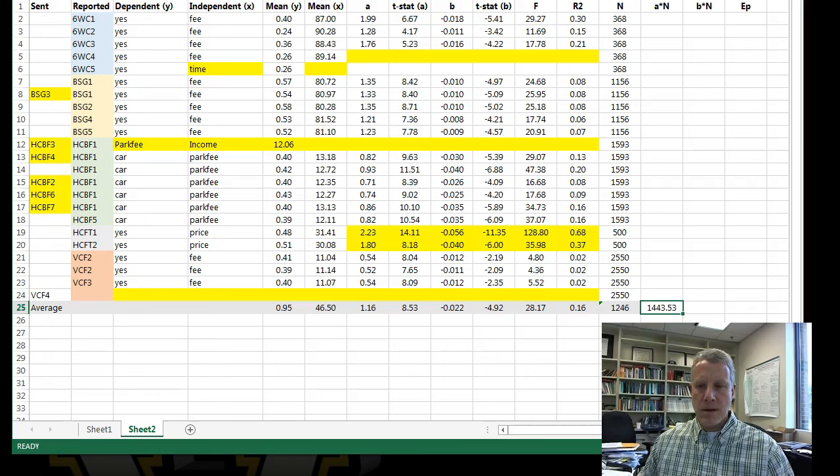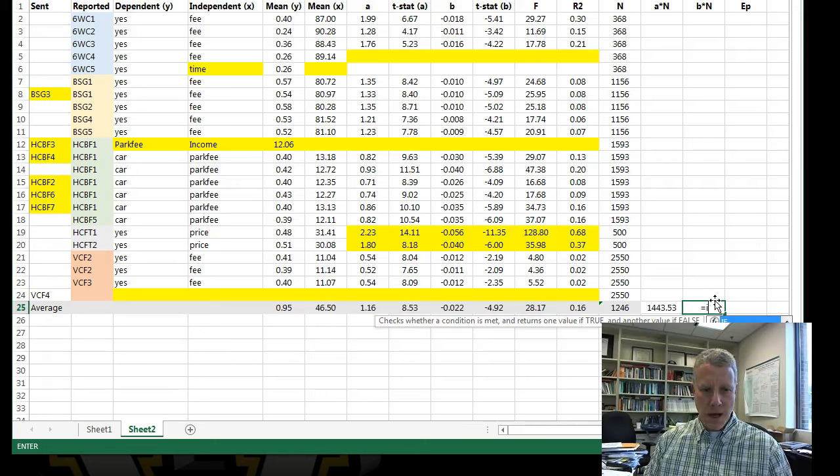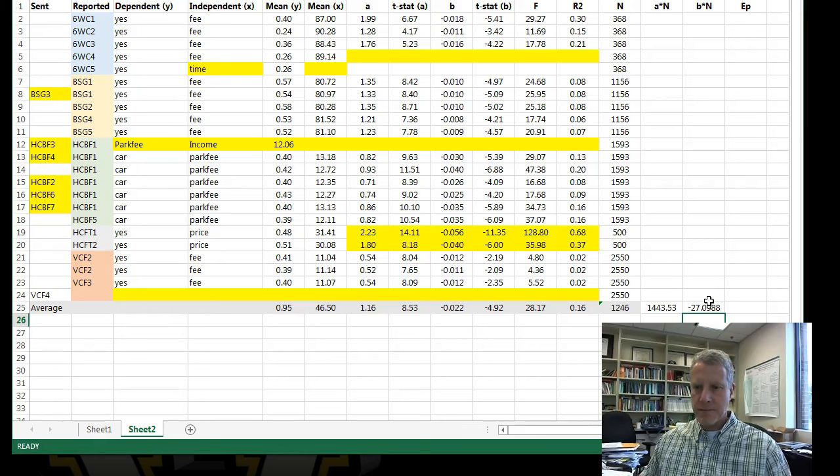And I like looking at just two decimals, the two digits to the right of the decimal. And then B times N is I25 times M25. And there we go. So there are the numbers for the demand model.